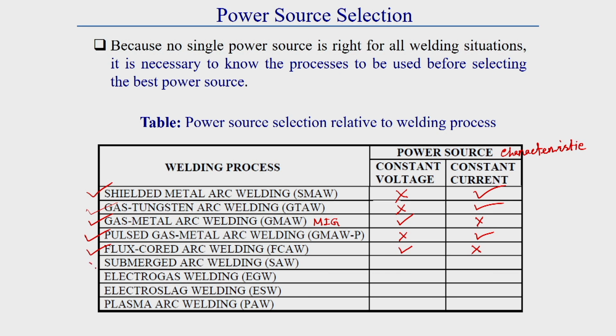Then the submerged arc welding process is generally a consumable and automatic welding process.